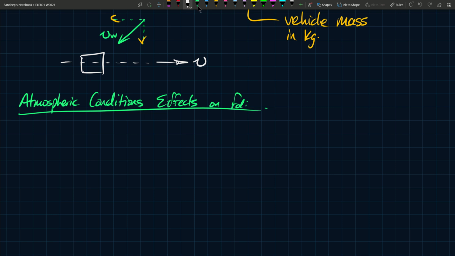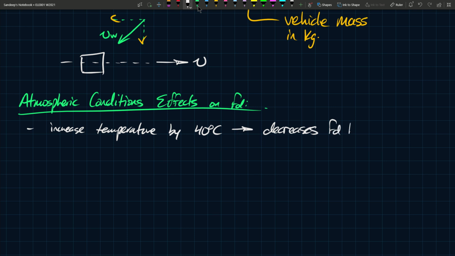So you can say if we increase the temperature, and this is the ambient temperature, by 40%, it decreases FD by 14%. So if the temperature increases, the aerodynamic drag decreases.